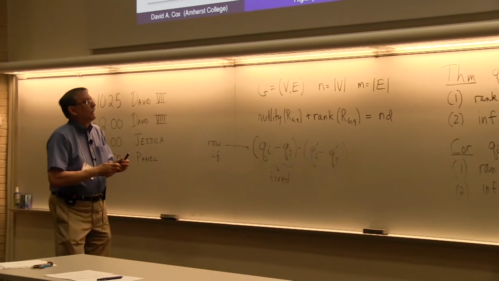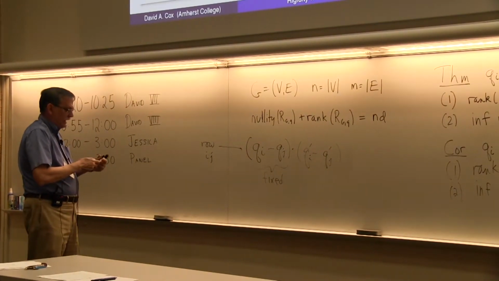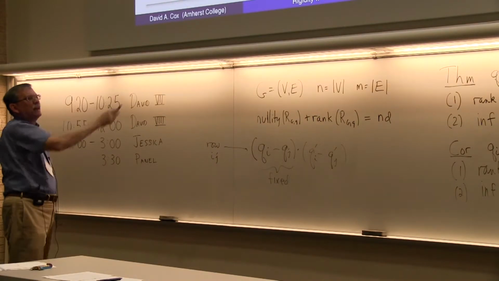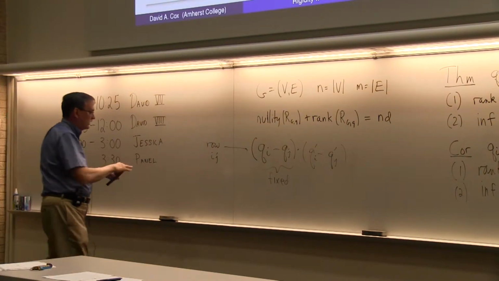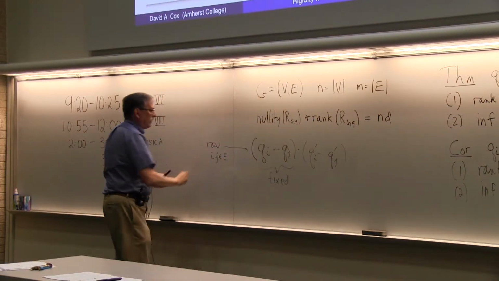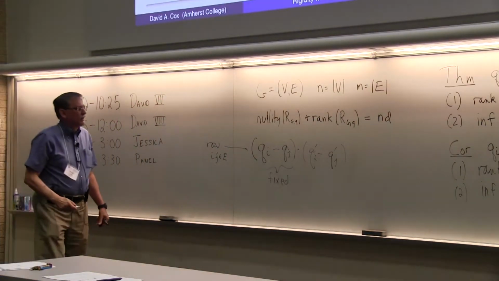So what I want to do is take my rigidity matrix and look at just the rows indexed by E, where ij is one of my edges.